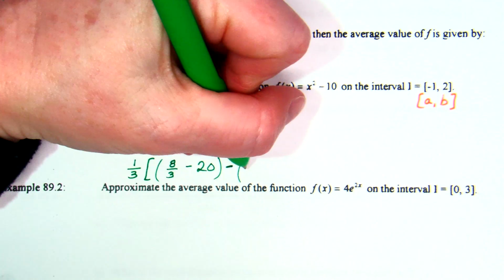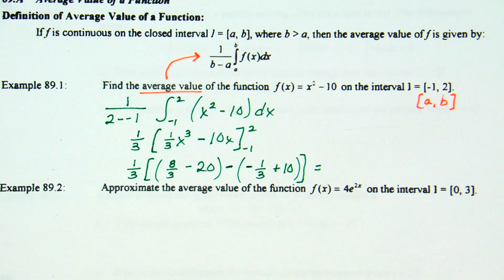So 8/3 minus 20, negative 52/3? I don't really have it written out; that's too much work. You can just do negative 20 minus 10 is negative 30, and 8/3 plus 1/3 is 3.